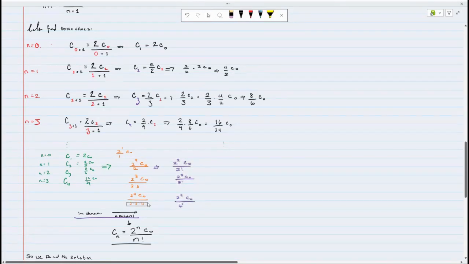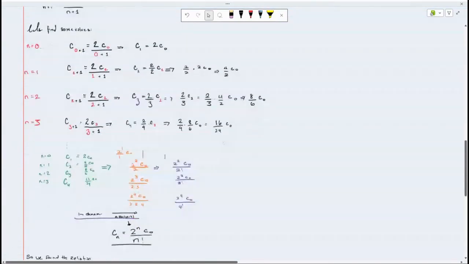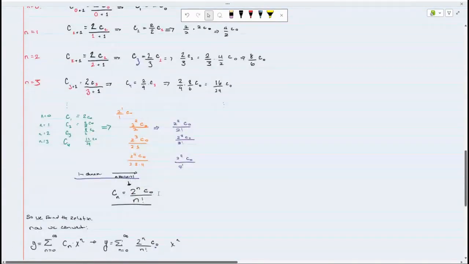And so whenever you continue to replace the value of the current index, you can find out that when you replace using the C0, you end up with n factorial in the denominator. And that's why you don't want to simplify, because you lose information about what's happening.